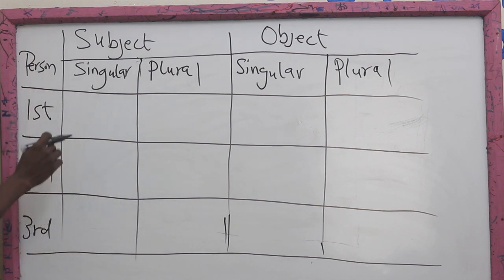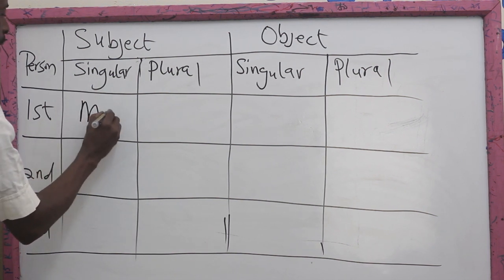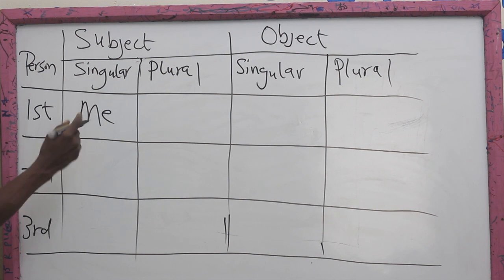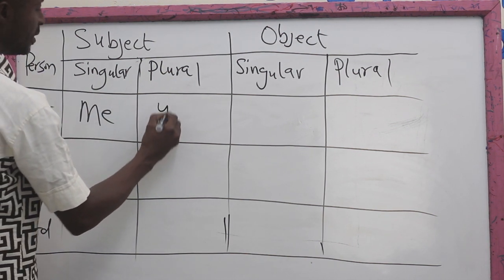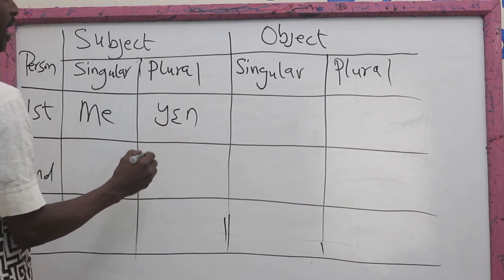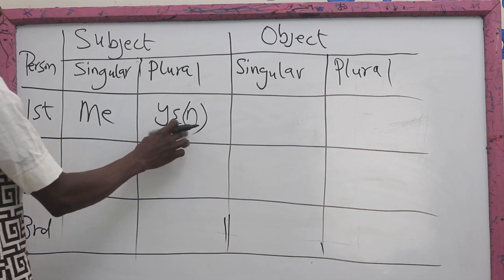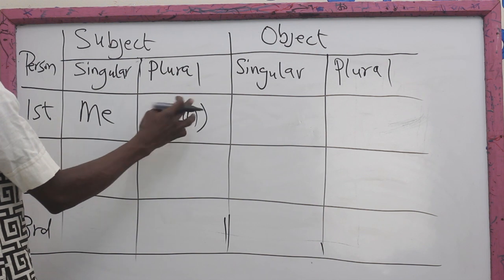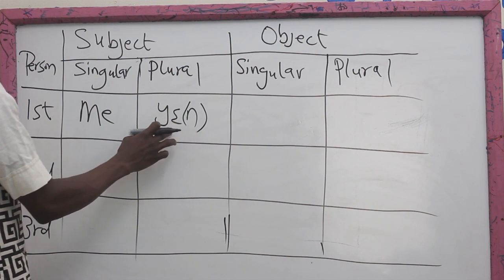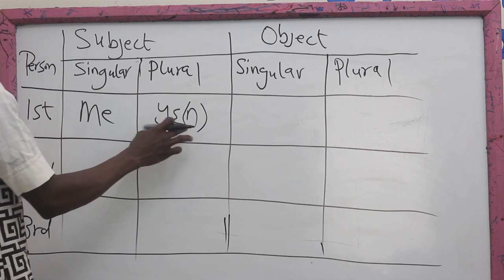So first person, in the subjective case, in the singular form, is me, as in I. Then the plural is ye, as in we. I've placed this n in parentheses, and the reason is that in the subject case, the n is usually deleted.